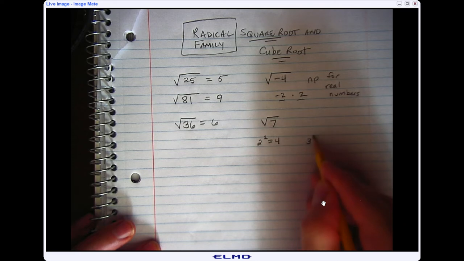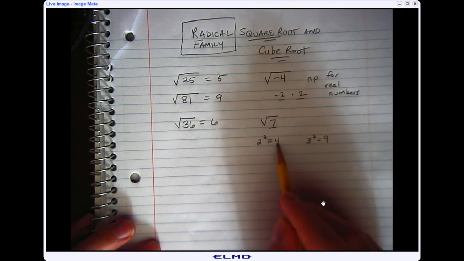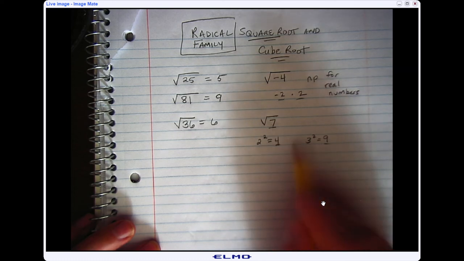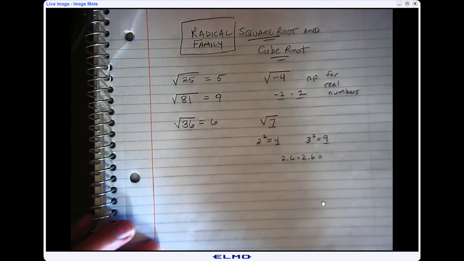If I did 3 squared, 3 times 3, I get 9. So obviously 7 is somewhere between 4 and 9. It's a little bit closer to 9, so I want to go a little bit closer to 3. If 2.5 was exactly the center, and I'm leaning a little more towards 3, I might try 2.6 times 2.6 and see how close I get.